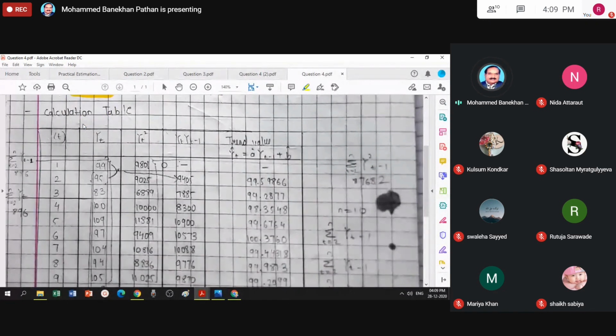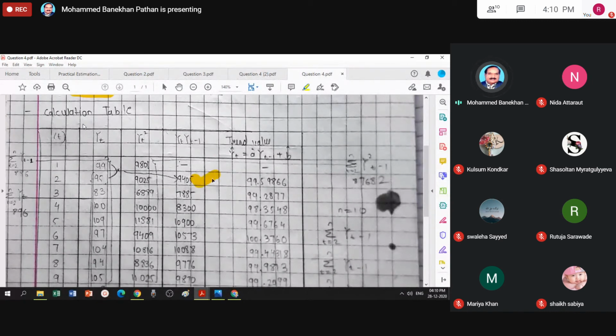Now, I think everybody understands the second column. Very easy. Just make the square of these numbers. How to get the third column? This multiply this. y2 multiply y1, in front of y2.